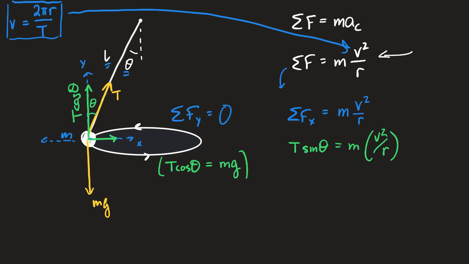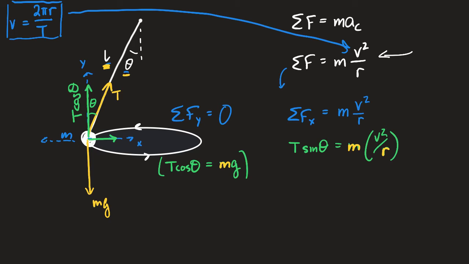So right now, when I look at this, there's not a whole lot I can measure. I can measure the mass. Yep, I can measure the mass. I can measure r, but in our problem, they did not give me r. They did give me the length of the string and the angle, though. So the length of the string and the angle could be used to figure out r.